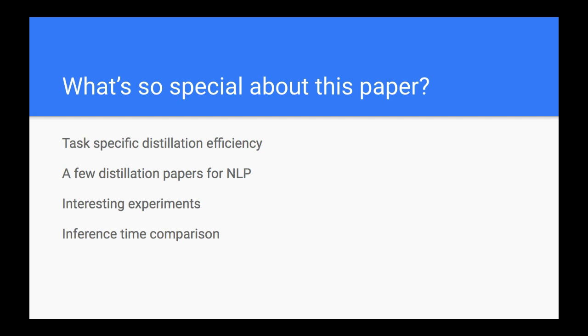So why is it so special about this paper? This paper is actually very interesting for several reasons. The first reason is this is task-specific distillation. It's more efficient than the general distillation. Basically, there are several works on language model distillation.